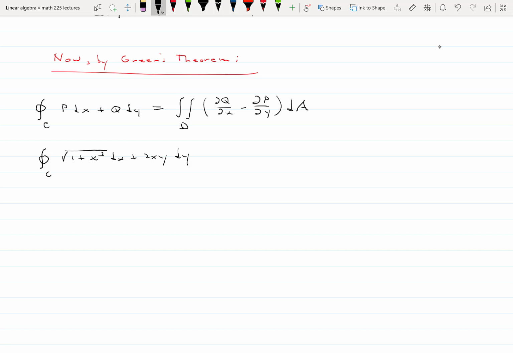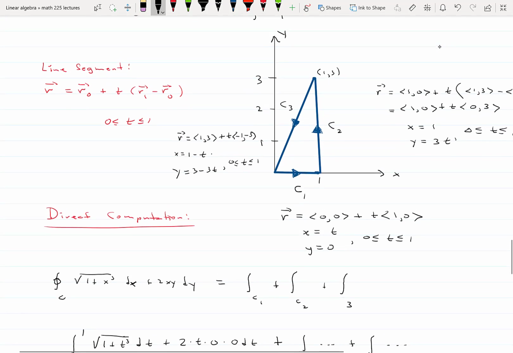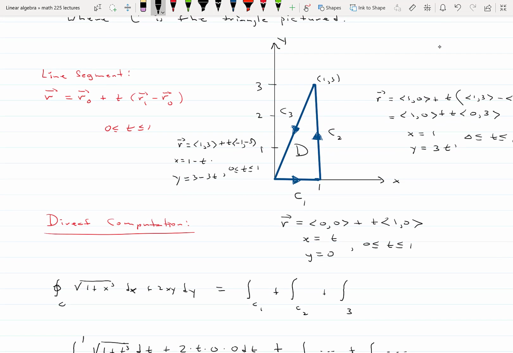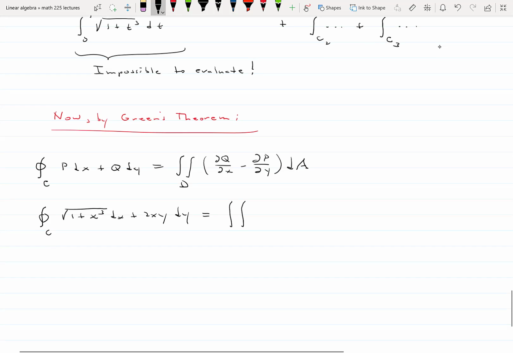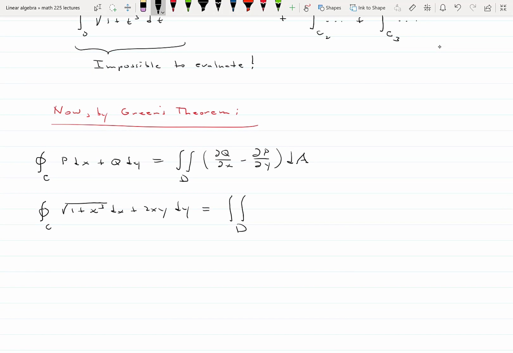Now, this is going to equal the double integral over the interior of our region. So the interior region is inside this triangle. So over the interior of the region, the partial with respect to x of 2xy. That's a Q. There's a big old Q right there.